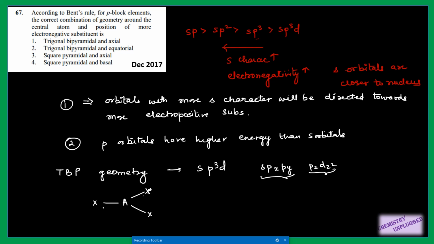These bonds are called equatorial bonds, right? And this pz, dz square is responsible for formation of your axial bonds. Okay, so we have two types of orbitals involved here. These three are equivalent in energy and these two are equivalent, but these two are different from these three.